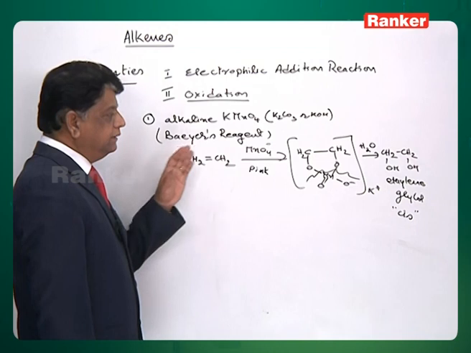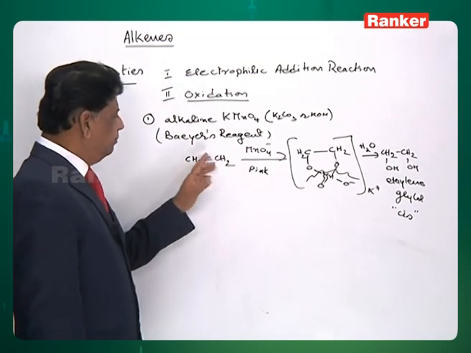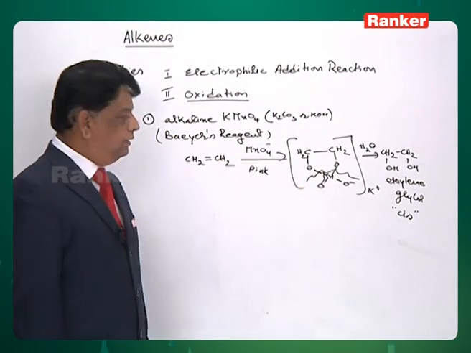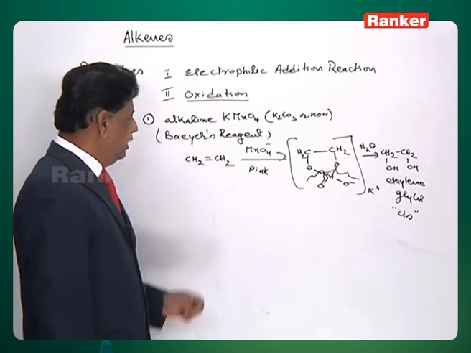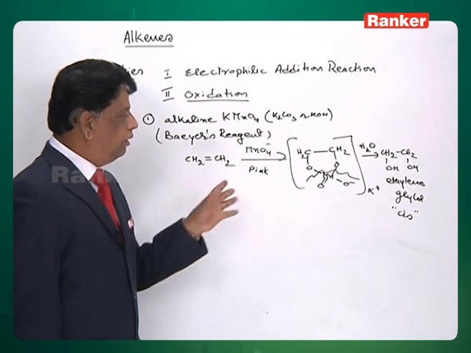So wherever the double bond is there, you open the pi bond and create two OHs side by side, that is, 1,2-diols are formed. If propene is taken, propylene glycol; butene, butylene glycol, and so on.